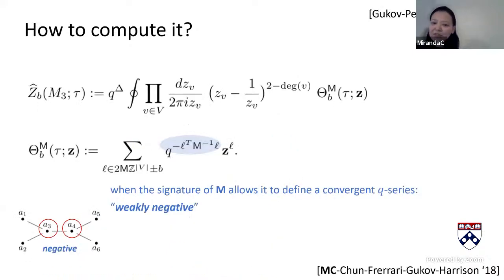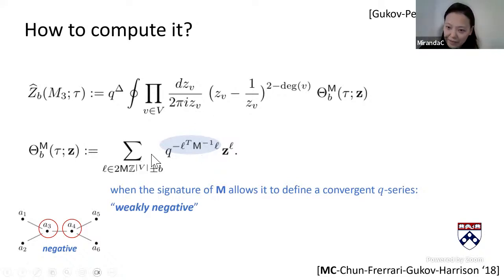So with such a plumbing graph, what do we do? The prescription in their paper is that first you write down the corresponding theta function, with the bilinear form represented by the matrix that's minus the inverse of the plumbing matrix. It's a totally normal theta function, convergent on the upper half plane if this bilinear form is positive definite as usual.